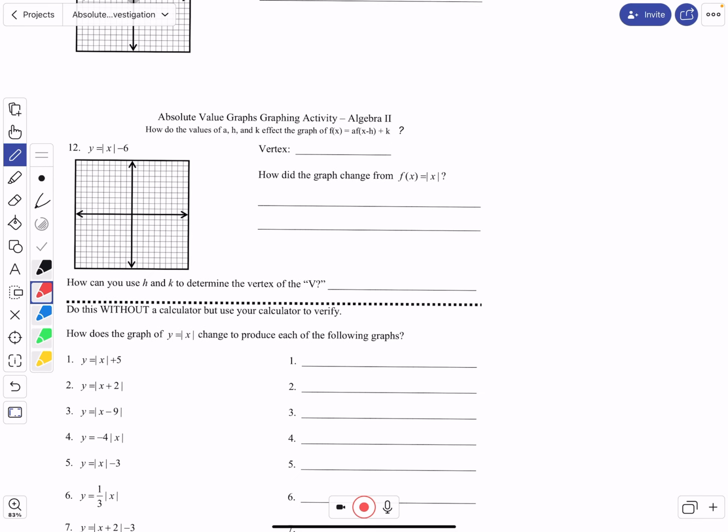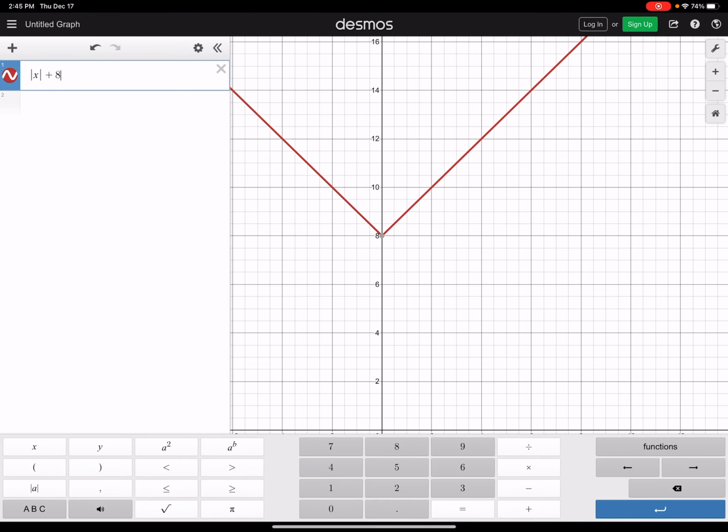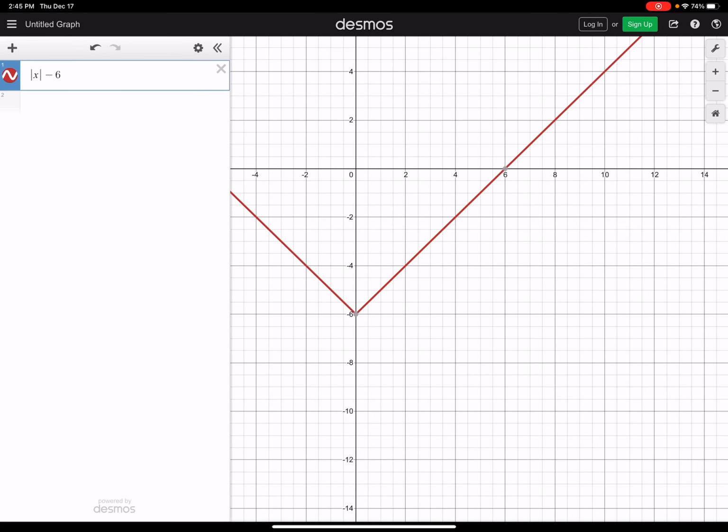All right, and for this one, what do you think your vertex would be without even graphing it? Hopefully you're saying your vertex is going to be at 0, negative 6. So it's going to be down here. Okay, and if we want to look at Desmos just to verify it, if you do -6, it did, in fact, move down.